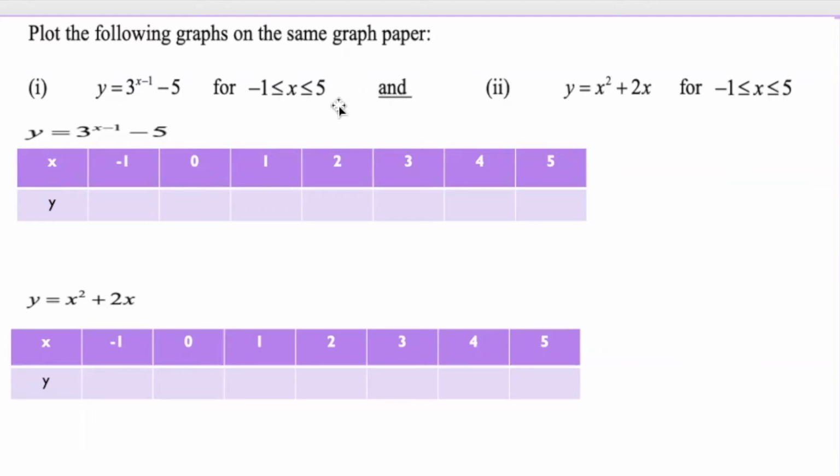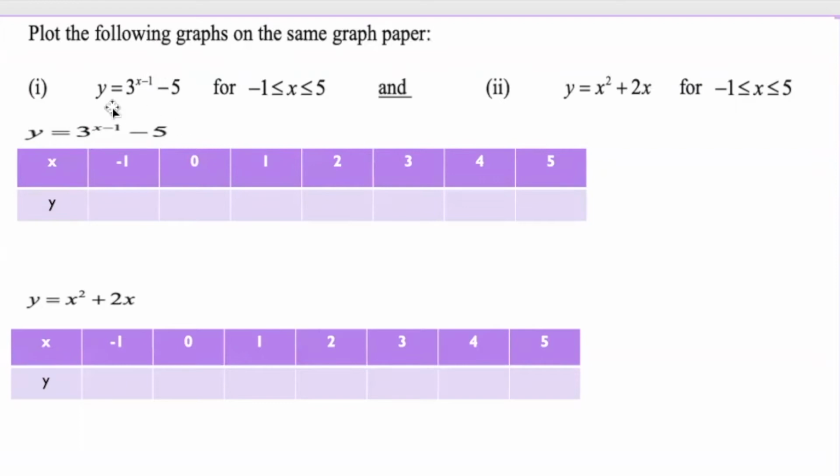Now this is the range that's given. So this is telling me the x values that should be in my table. So we have -1, 0, 1, 2, 3, 4, 5. Both tables will have the same range because that's what's given.